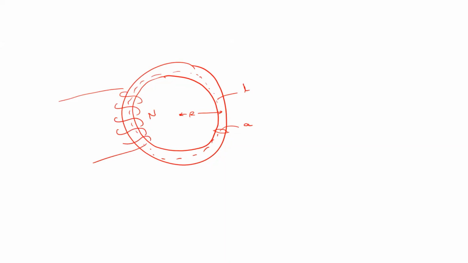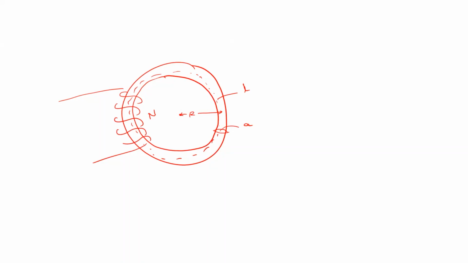So we have a ring kind of structure with cross sectional area A, mean radius R, and the length of the magnetic path, that is L, right?